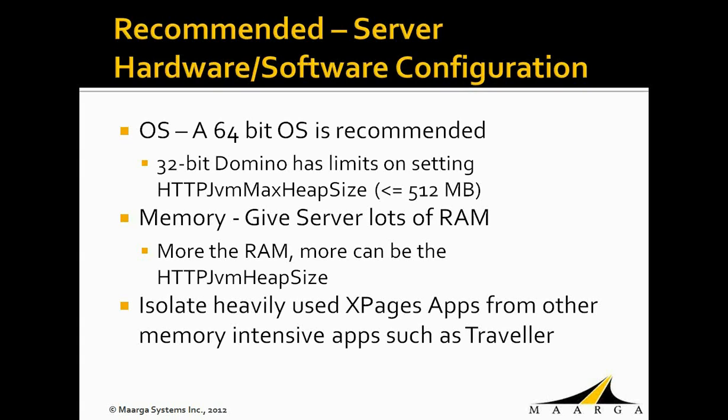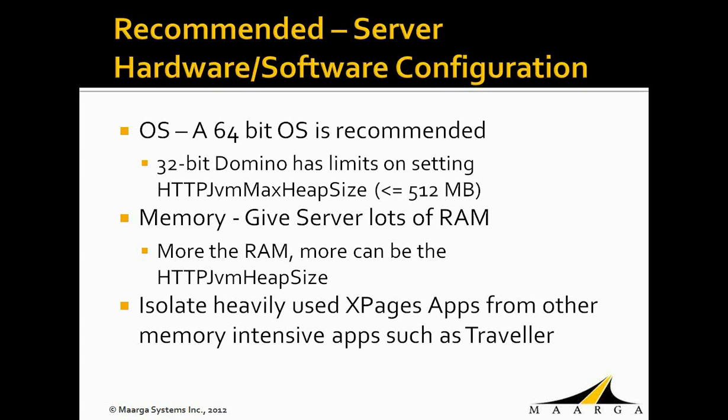For example, Traveler, as you know, is a very memory-intensive application, so it's always better that it is installed on a separate server so that other applications do not get affected by the presence of Traveler. So these are the things we need to watch out for at the server level with respect to hardware and software.